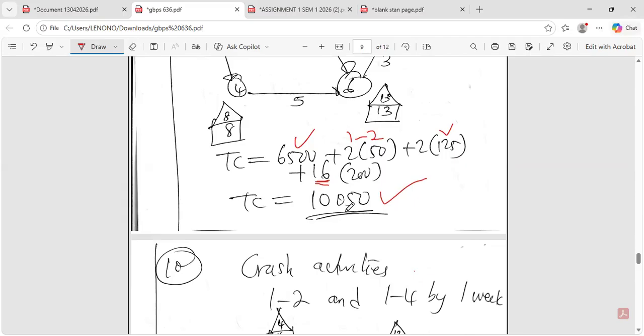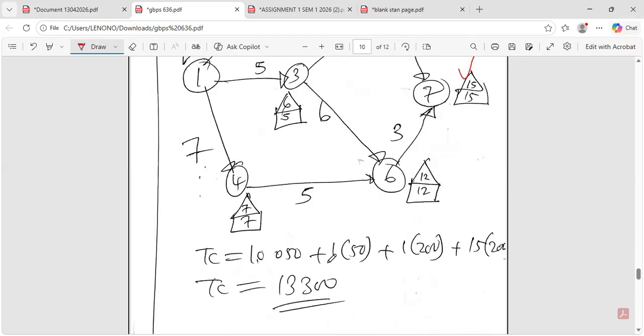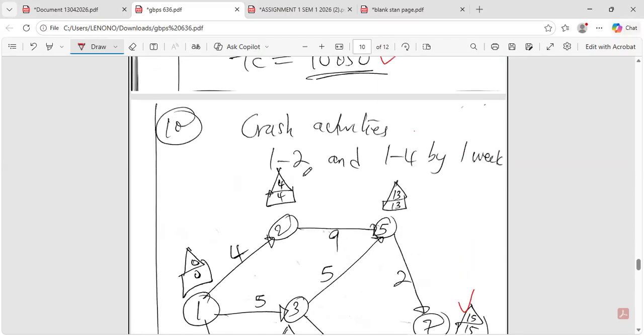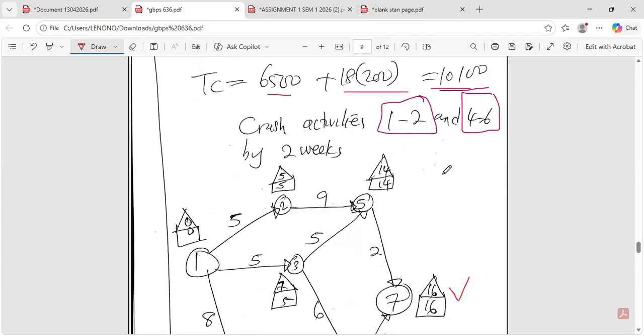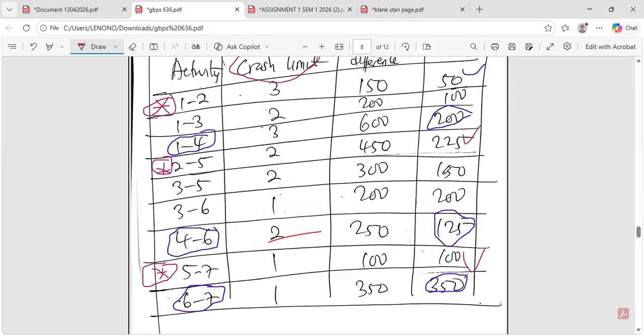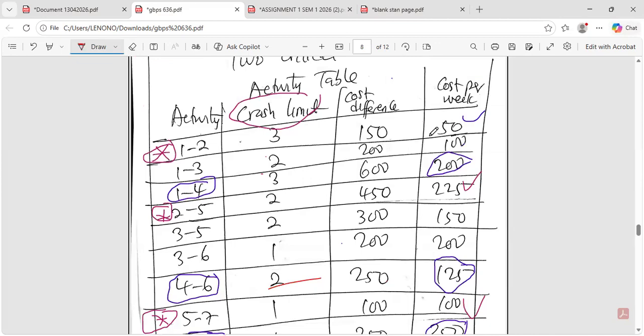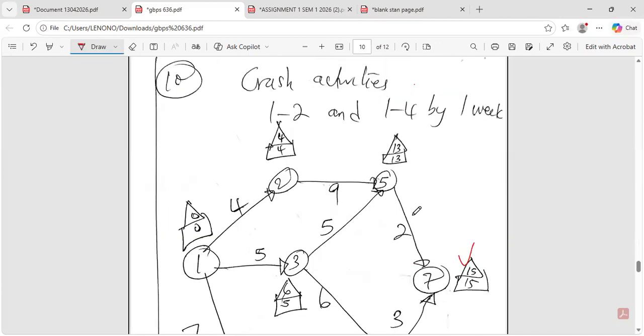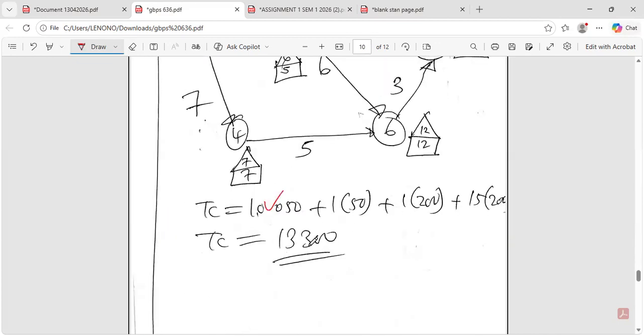As we incorporate that cost, you see what is happening. You carry forward 10,050 here. Then after crashing these ones by the respective crash limit of 1 week, we multiply by the respective cost, so we are getting down to 13,300.